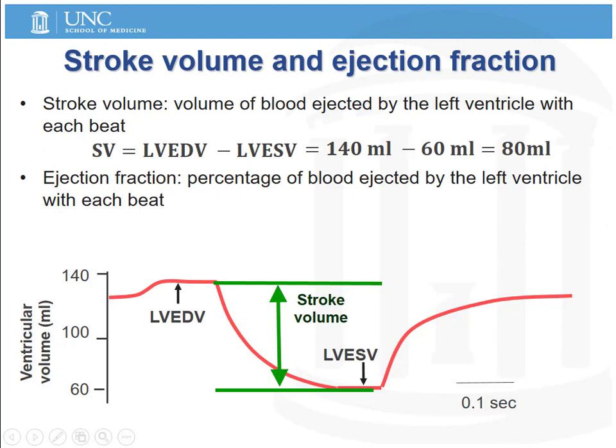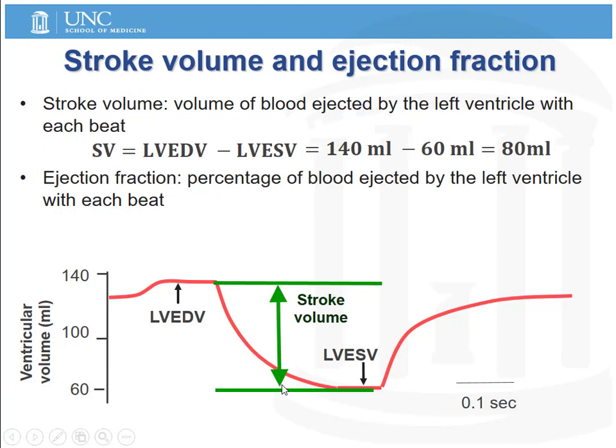And the ejection fraction is the percentage of total blood volume that's ejected by the left ventricle with each beat of the heart. So remember that not all the blood is pumped out of the left ventricle during ejection. In this example, there's still about 60 milliliters of blood remaining in the left ventricle even after systole.